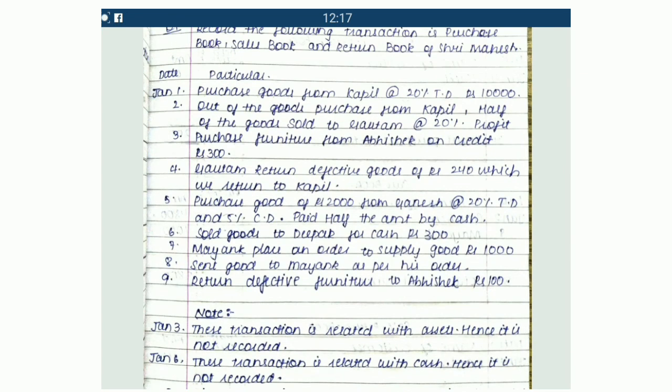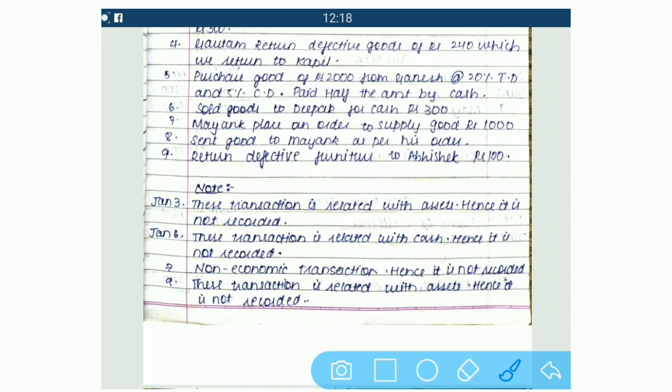Then next is sold goods to Deepak for cash rupees 300. Now this entry is not going to be recorded because this is a cash transaction. So here you can see that January 6th this transaction is related to cash, hence it is not to be recorded.